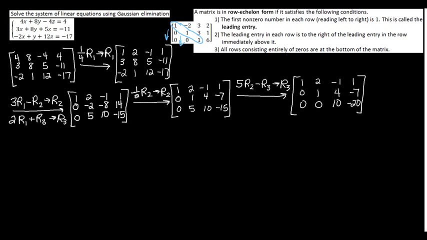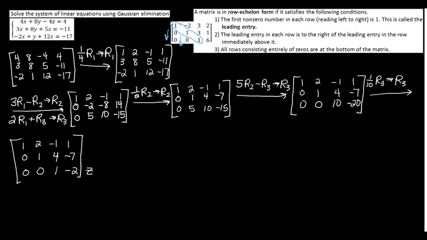For our final matrix operation, I'm now going to take 1/10 times row 3 and stick it into row 3. The first row did not change. The second row did not change. But now the third row is 0, 0, 1, and -2.